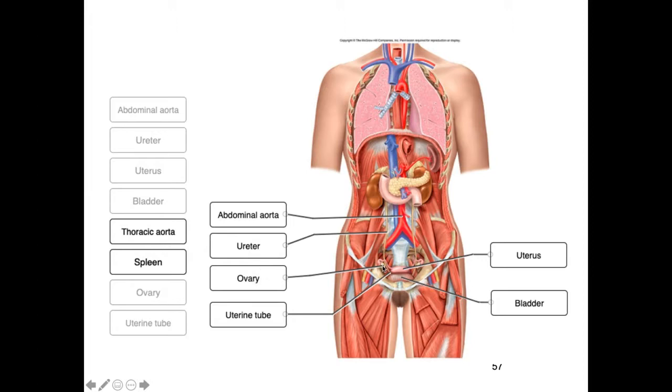So the ovary, that's what is going to produce the egg. When the egg is produced and the woman ovulates, it propels the egg up into the uterine tube, or fallopian tube. And then that egg is going to move in this direction to find a way into the uterus.